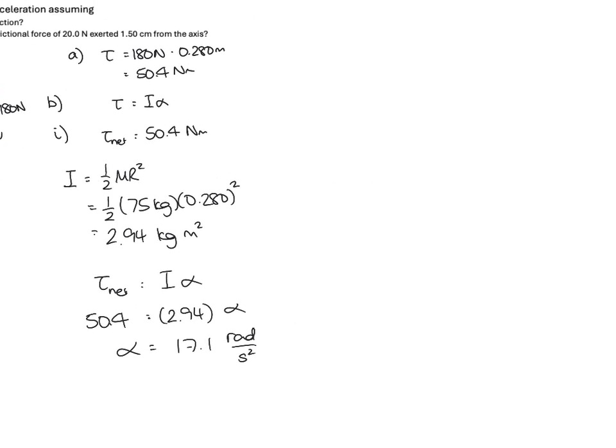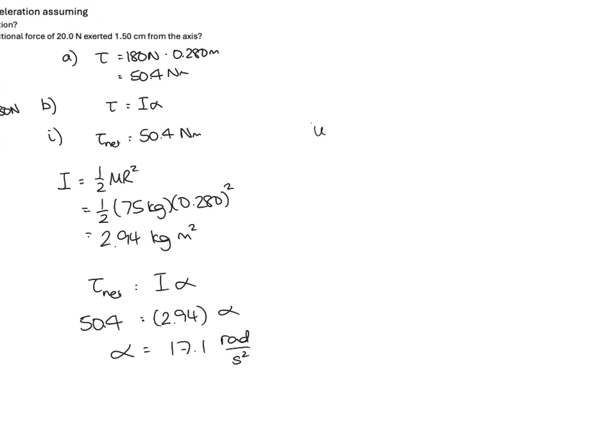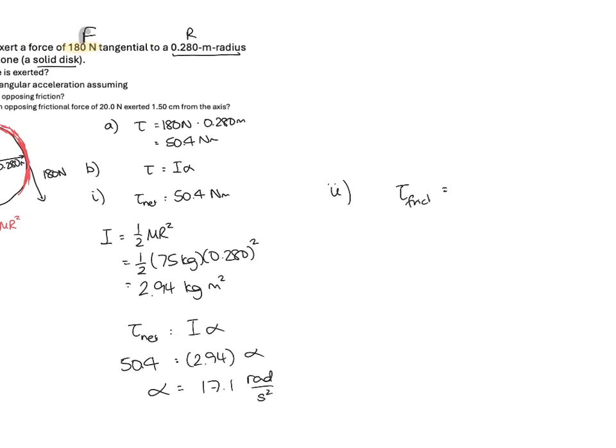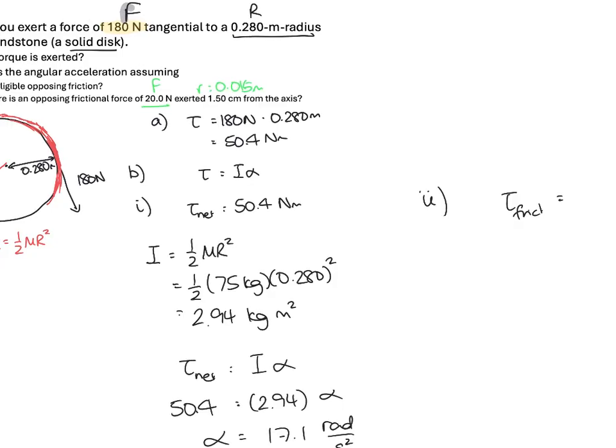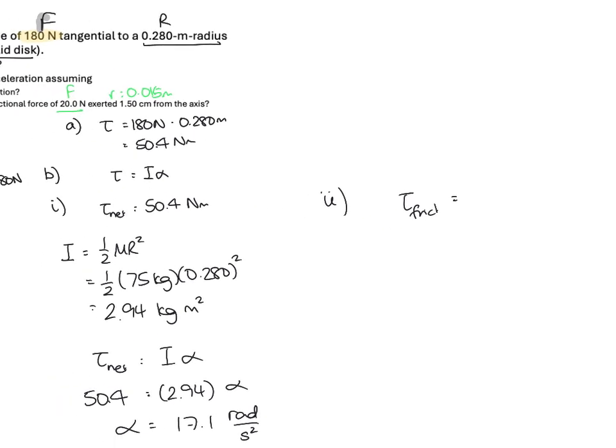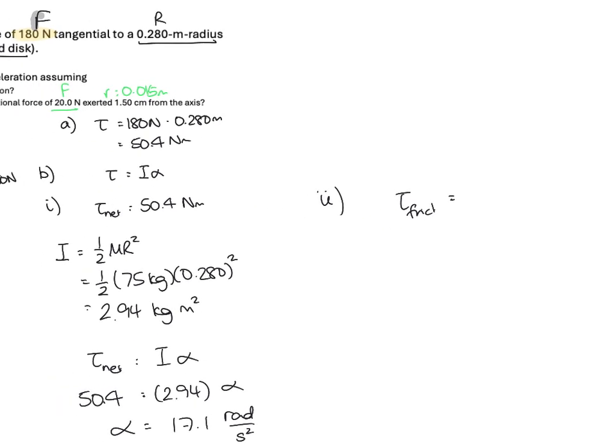Now, what if there's an opposing force? Now, the frictional force exerts this torque. Now, over here, if you look at this, it tells us that the force is 20 and it's 0.015 meters away. So if I do that, I'm going to have to calculate.